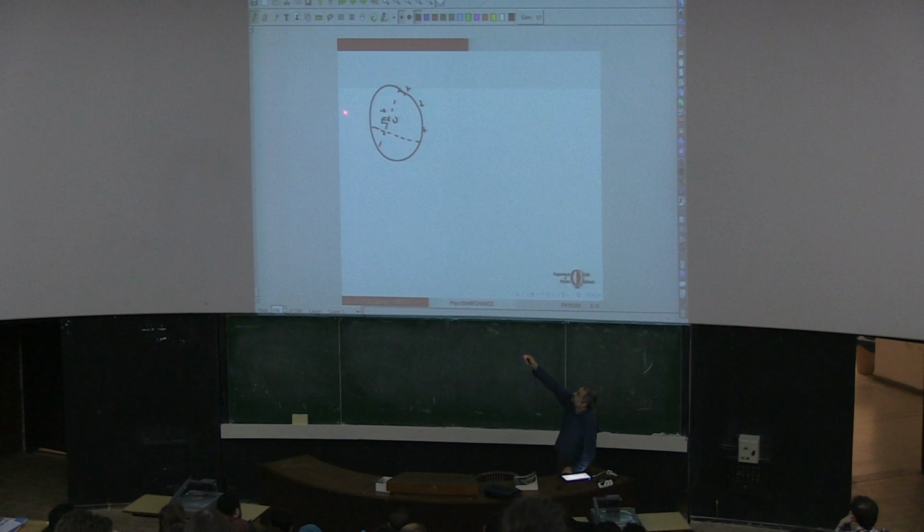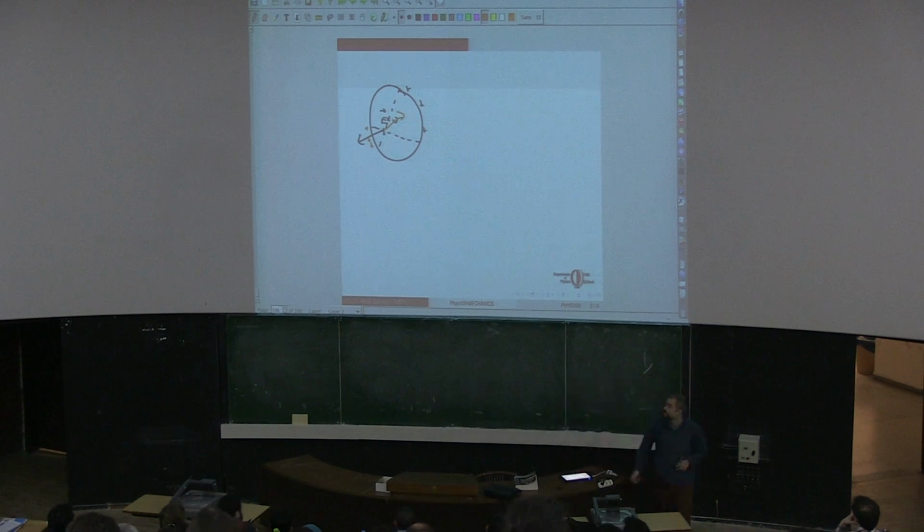All these positive charges will create an electric field in this direction. And all the positive charges on this side will create an electric field in the other direction. Now, I have more charges over here, but they are at a further away distance. Here I have fewer charges, but they are closer. And it turns out that the electric fields these two create have equal magnitude and opposite direction, so they just cancel. That's why I don't have any electric field inside.